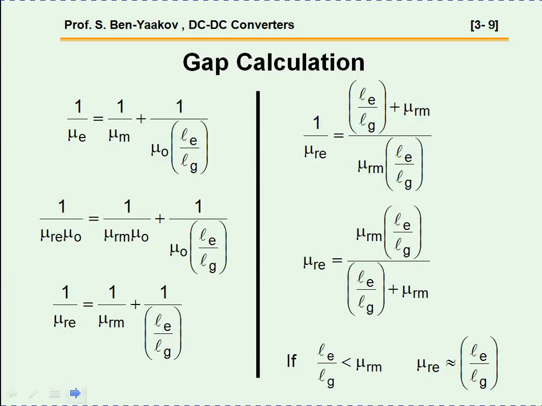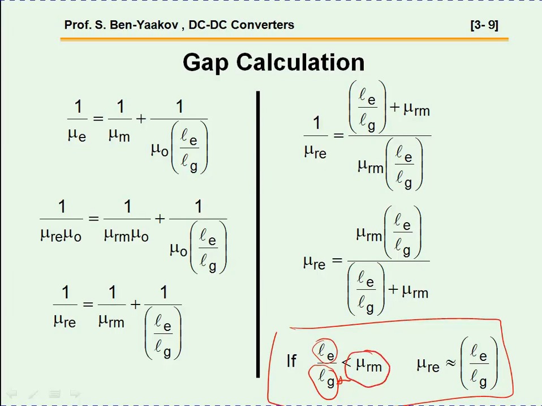Whoever is interested, just stop the slide and look at it carefully. The very important result is given here, and that is that if Le, the magnetic path in the ferrite, divided by the path through the gap, Lg, is much smaller than the mu r of the ferromagnetic material, then you can use this expression.